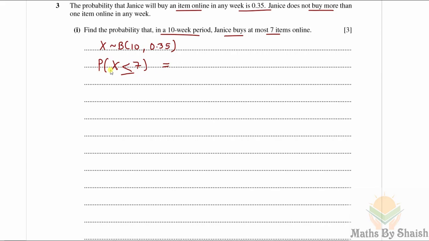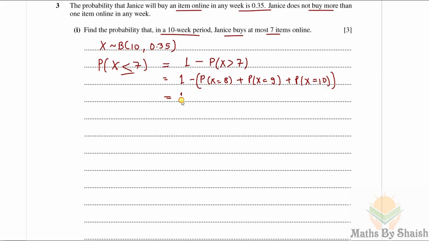We are not going to calculate from 0 to 7, so we'll do it as 1 minus the probability of X greater than 7. X greater than 7 means the probability that X is equal to 8 plus the probability that X is equal to 9 plus the probability that X is equal to 10.